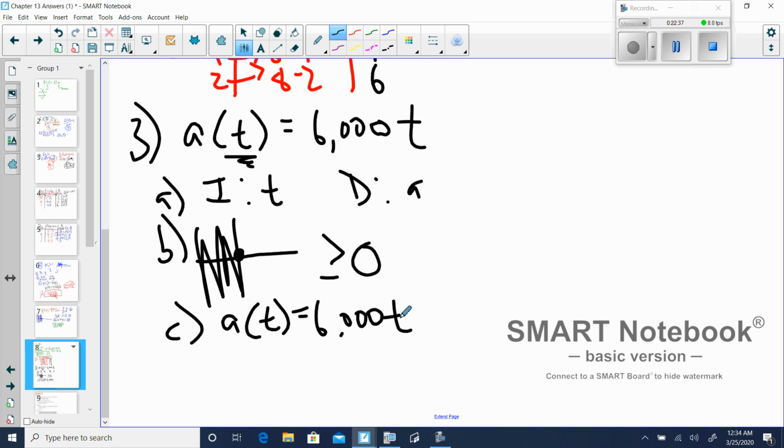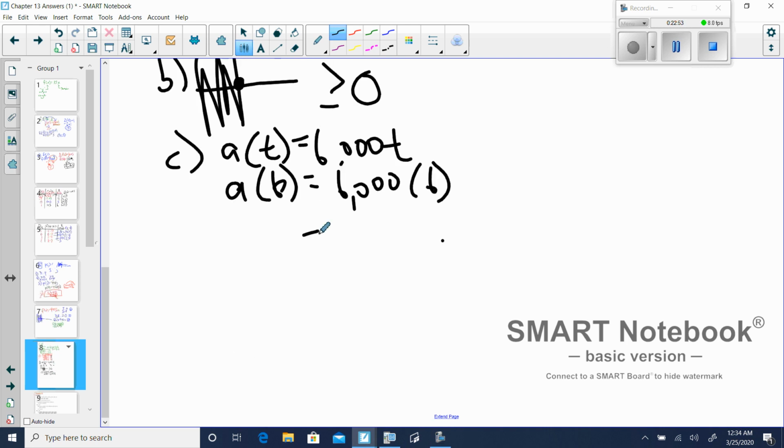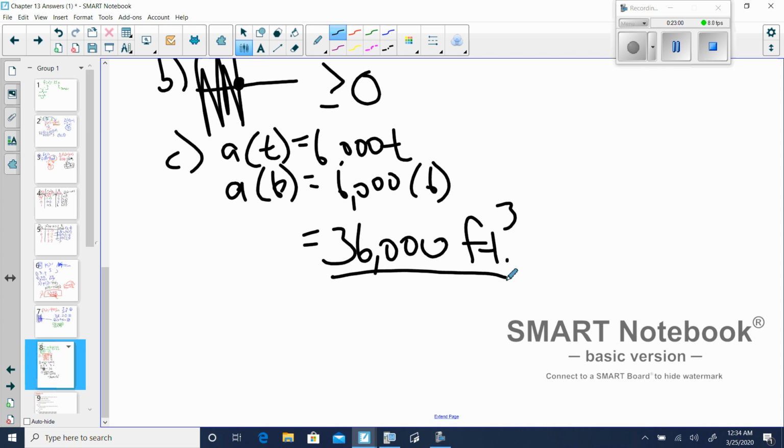Then determine the total amount of air in 6 minutes. All right, so that means they want A of 6 is equal to 6,000 times 6, which is equal to 36,000 cubic feet.